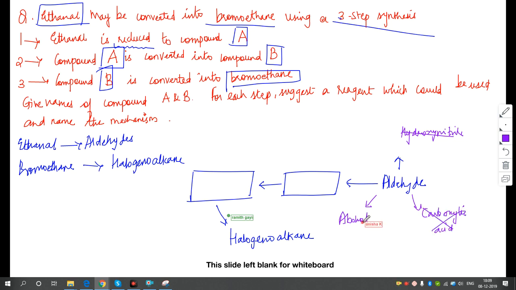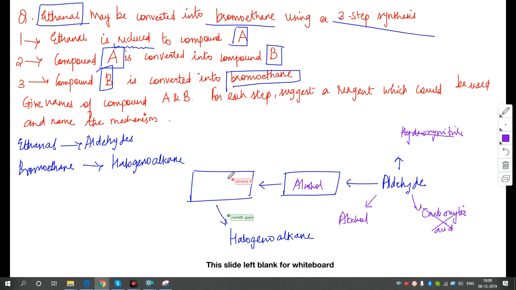Moving on to alcohol. If I'm going to reduce alcohol, I have three options. Either they will convert it into an alkene or into a halogenoalkane. The first option will take them as alcohol because we are getting a conversion. Now this alcohol is converted into some other homologous series and then to halogenoalkane.